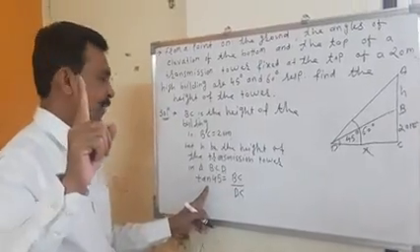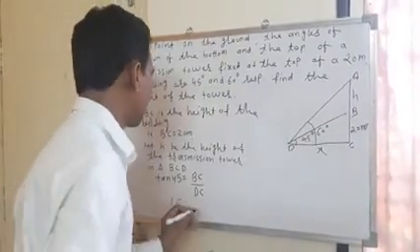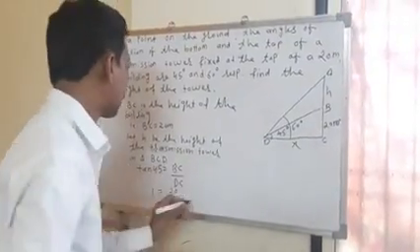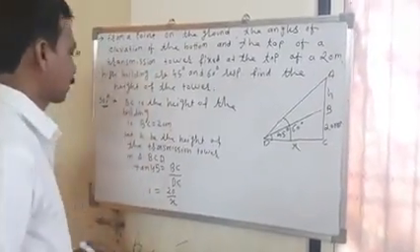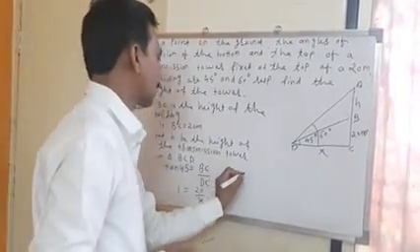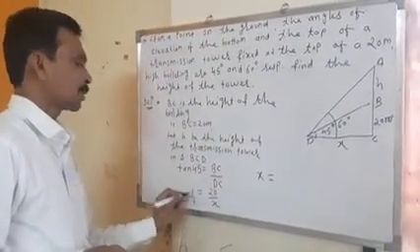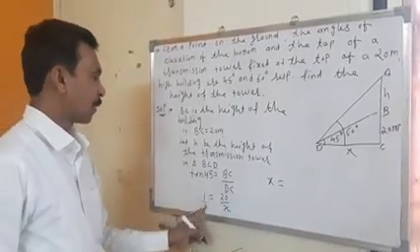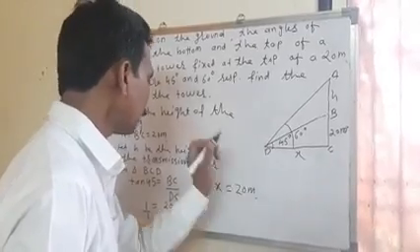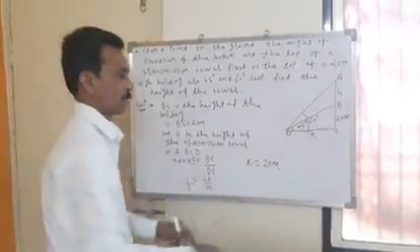What is the value of tan 45? 1 is equal to BC, 20, upon DC, X. Do the cross multiplication. X times 1 is X, is equal to, and if there is nothing, 1 is there in the denominator, 20 ones are 20. So this is 20 meter.